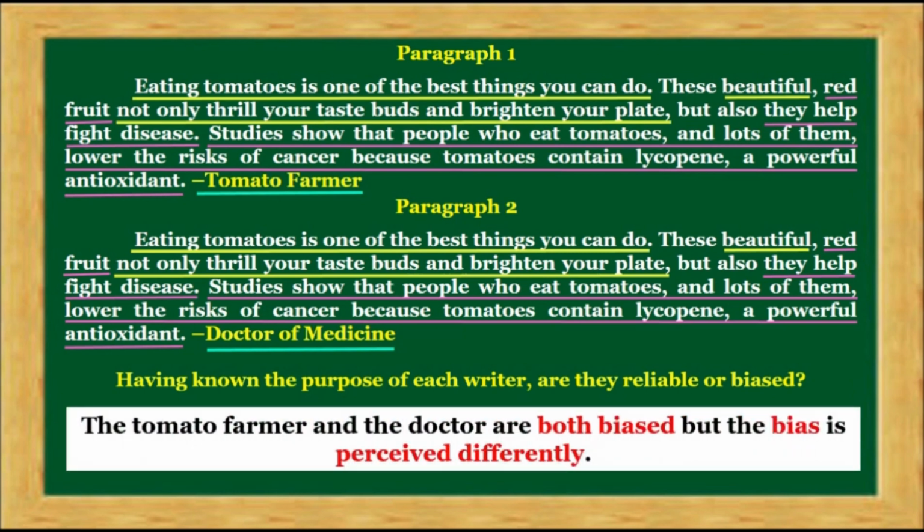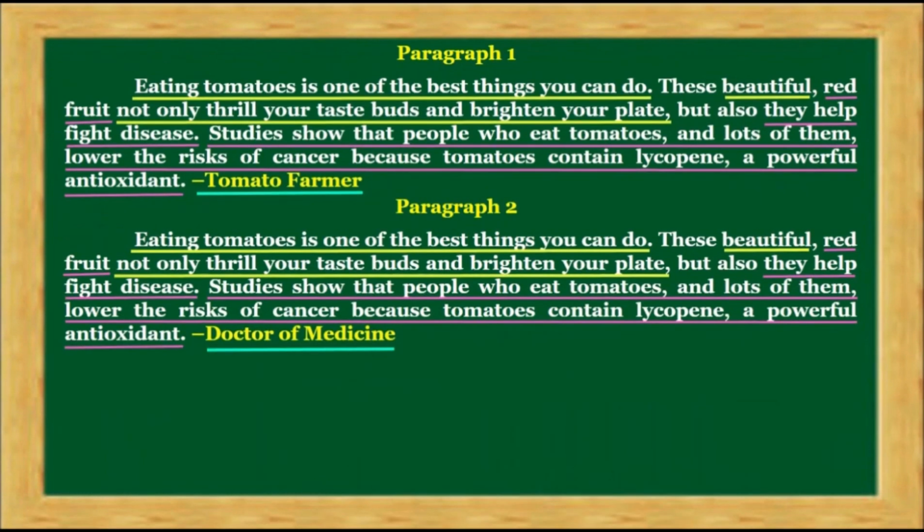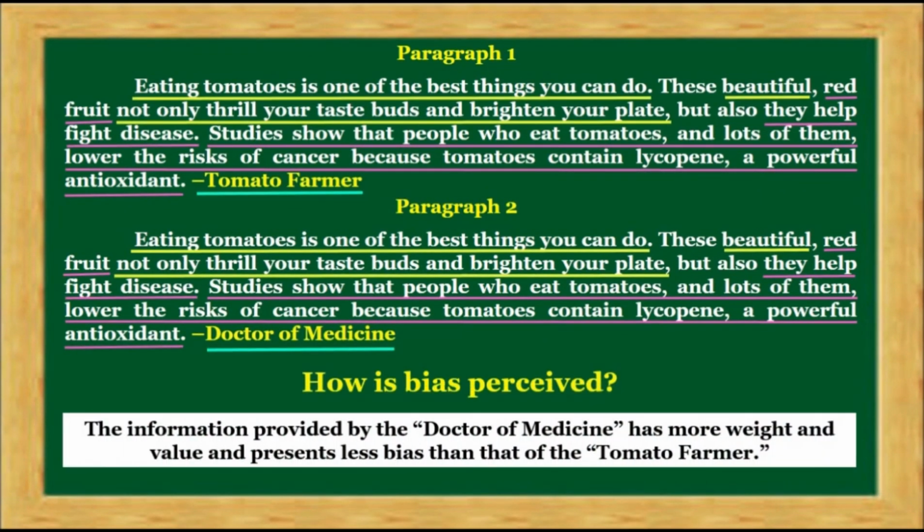The tomato farmer and the doctor are both biased, but the bias is perceived differently. How is bias perceived then? The information provided by the doctor of medicine has more weight and value and presents less bias than that of the tomato farmer.